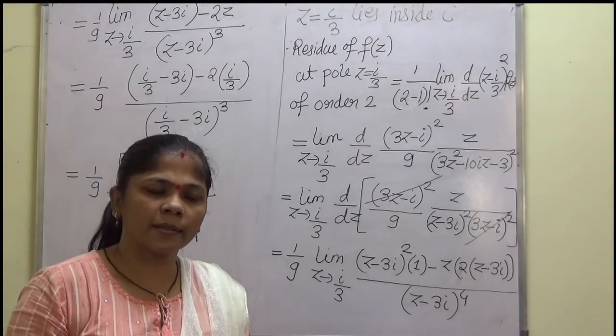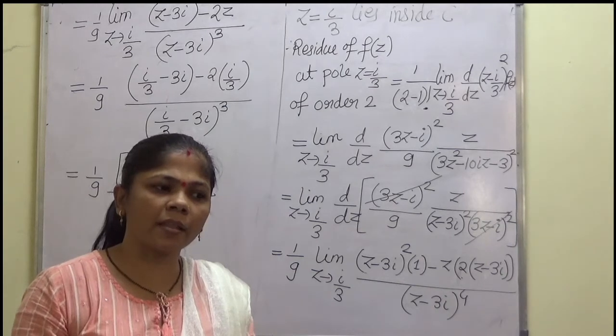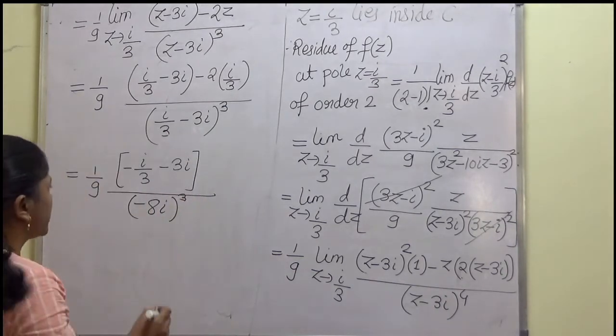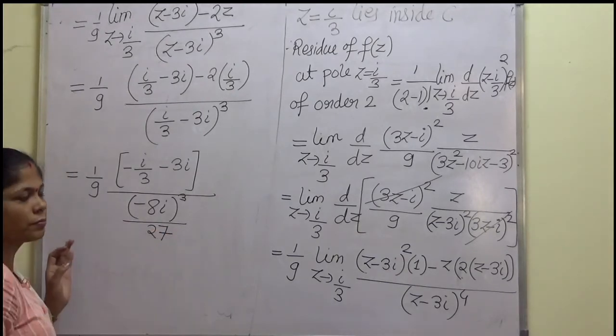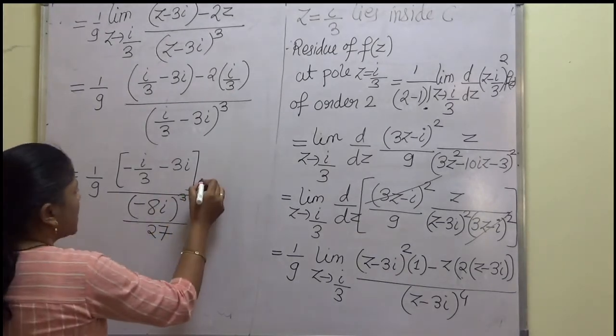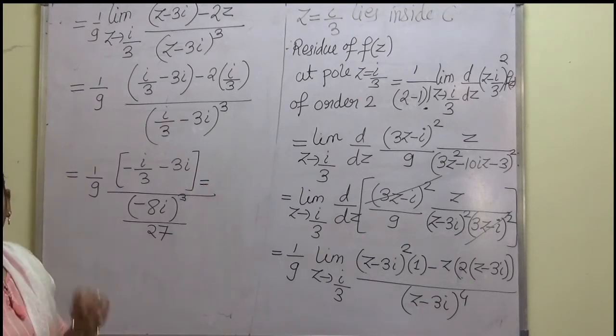3 cube is 3 threes are 9, 9 threes are 27. Simplify.